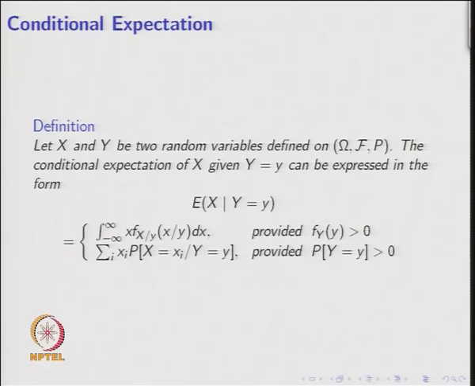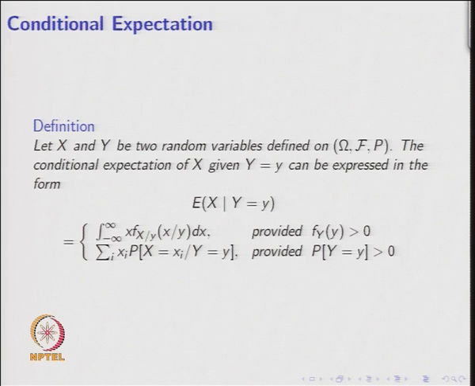This is the conditional probability mass function of the random variable X given that the other random variable takes the value y. Here also the condition is that the marginal probability mass function of the random variable Y at the point small y has to be strictly greater than 0. In that case, you can find the conditional expectation of X given the other random variable takes the value small y.